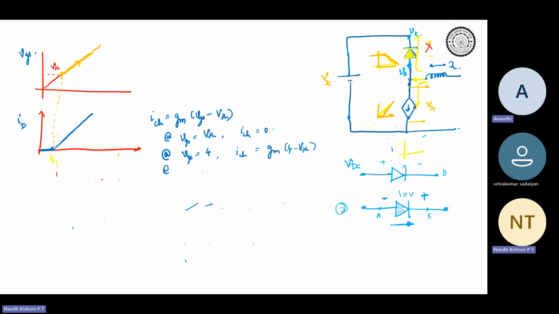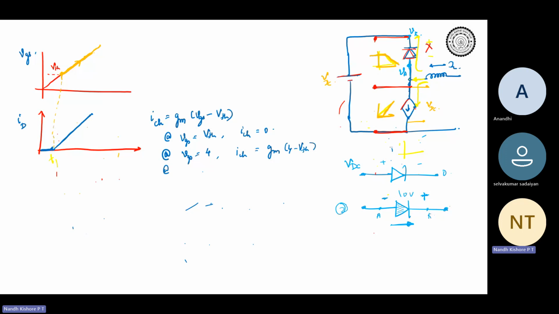Do you agree? Then what would happen? The entire VDC is appearing across the device S2 and there is no voltage across device S1. This condition would continue as long as the diode is going to carry some current.